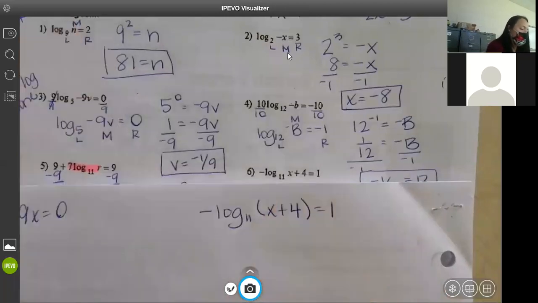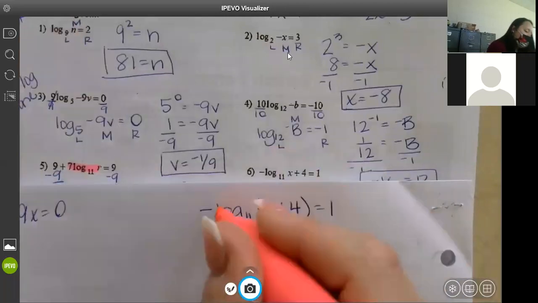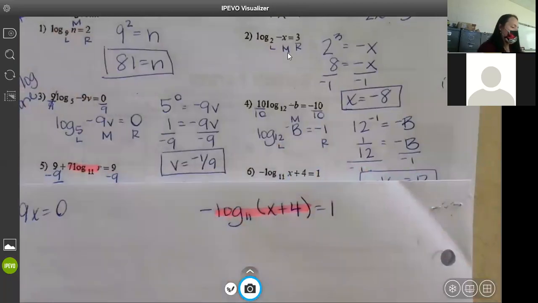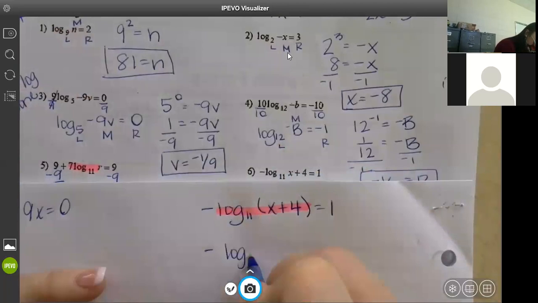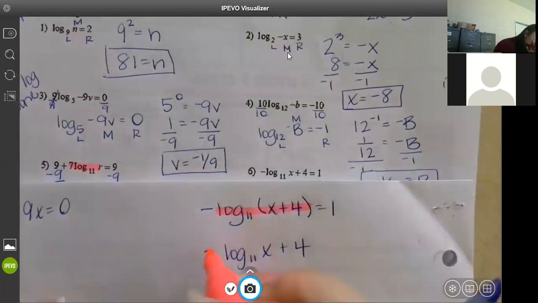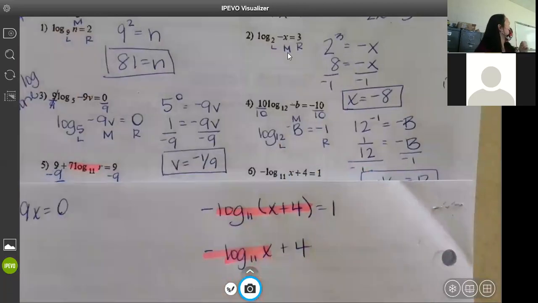All of this is the log together. Y'all understand that? All of that is the log together. When you have something like the question that we're on right now, this is the log together. Make sense? So we got to get rid of that 4. The only time you won't get rid of the 4 is when it's in parentheses. So if they want it with it, they'll put it in parentheses.